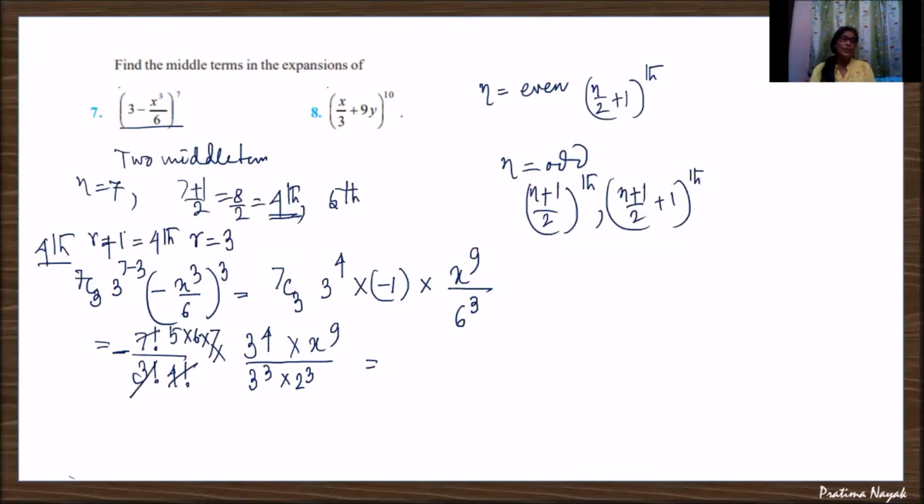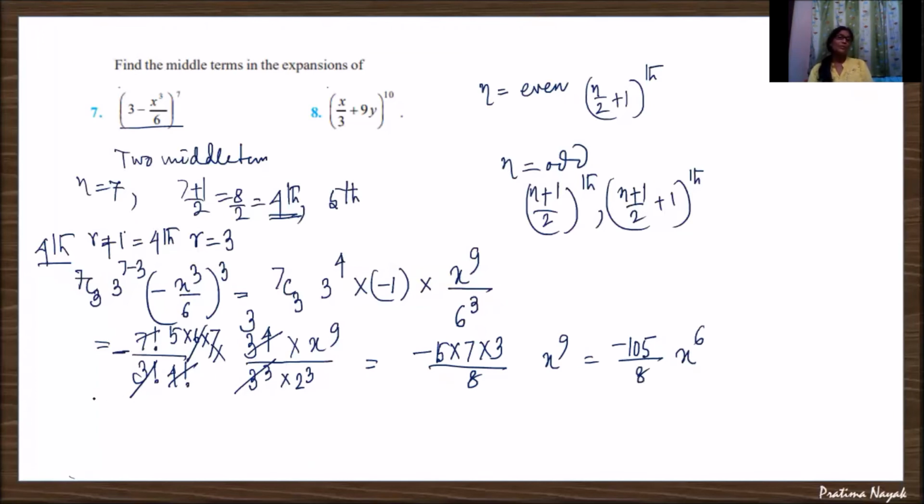Then your 3 factorial will cancel 7. 3 to the power 3 cancel, it will be 3, and 2 to the power 3 is equal to 8. So we are getting minus 5 into 7 into 3 by 8 into x to the power 9. So it will be minus 105 by 8 into x to the power 9. This is the first middle term.